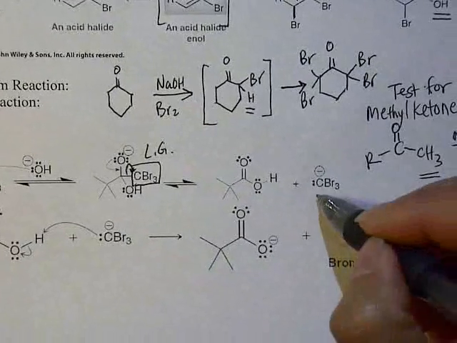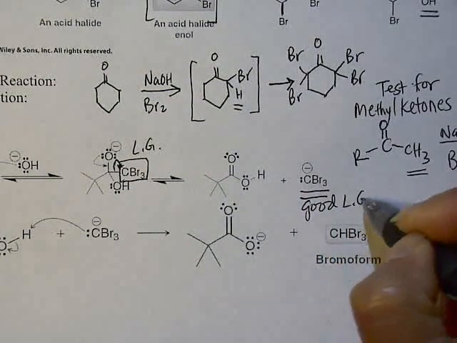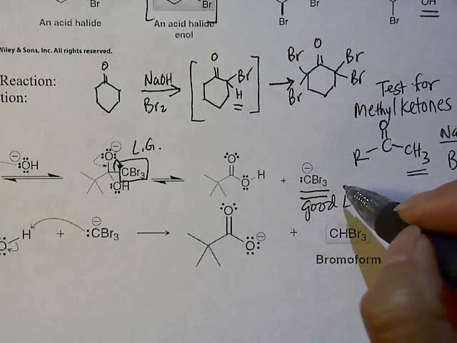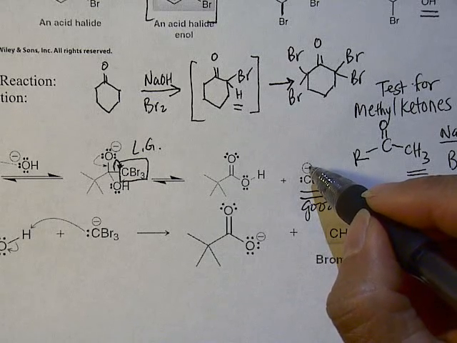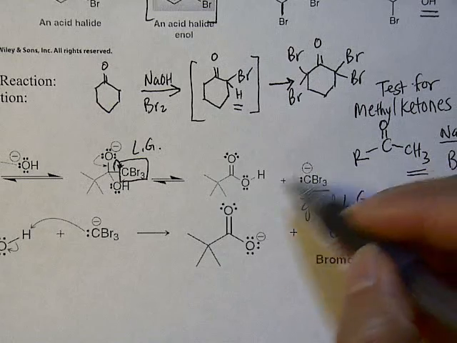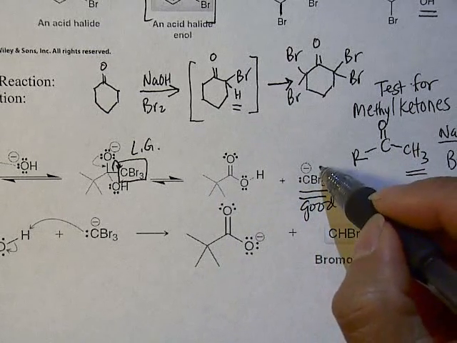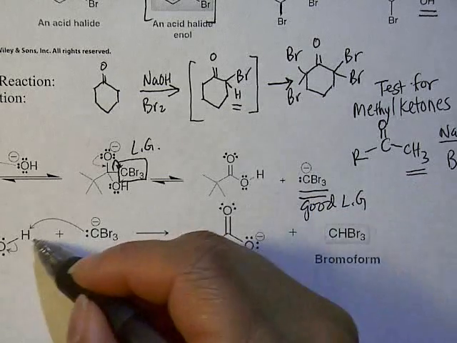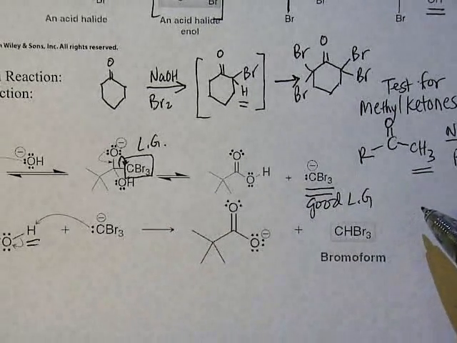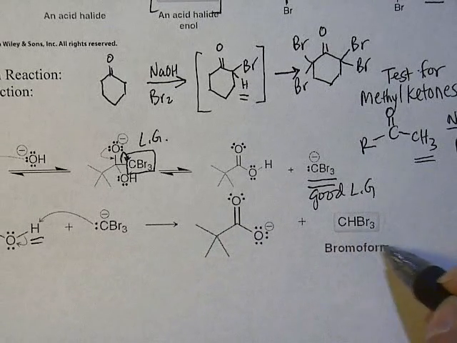The reason this is a good leaving group is that it's got 3 electronegative atoms attached to the carbon, making this negative charge stable. So what it forms is a carboxylic acid, and this, with its negative charge, goes after the acidic proton and forms this bromoform.